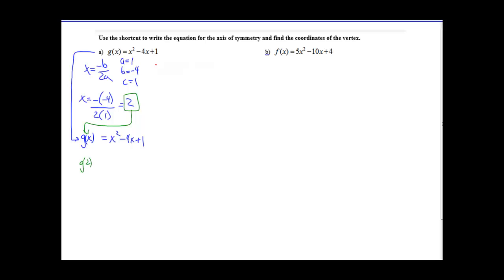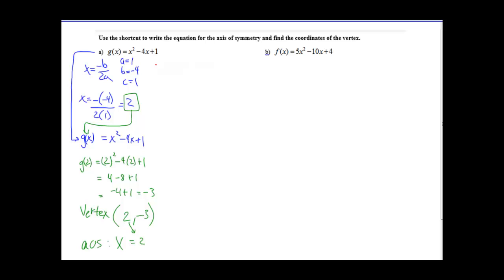So g of 2 equals 2 squared minus 4 times 2 plus 1, which is 4 minus 8 plus 1, equals negative 4 plus 1, negative 3. So your vertex is (2, negative 3). What's the axis of symmetry? The AOS is x equals 2, which is what we got there.